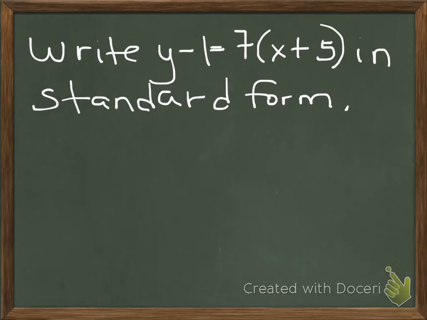Here we're asked to write this, which is point-slope form, in standard form. Standard form, remember, is the x values and y values all on one side, equaling the constants, or the number values.